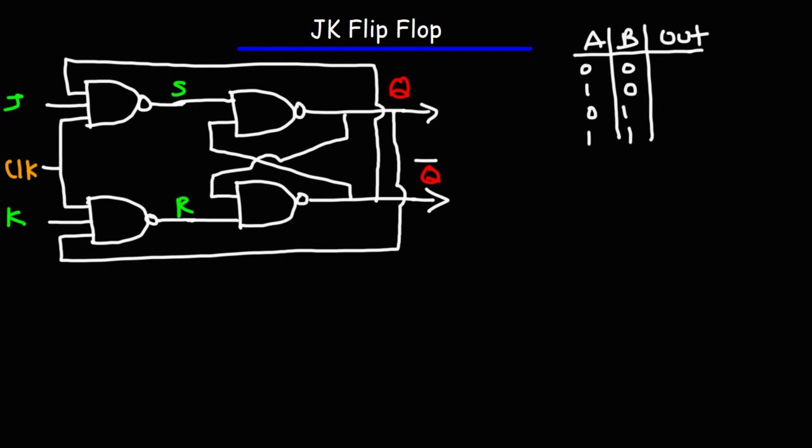For the NAND gate, it's the reverse. The output is only 0 when both A and B are in the on state. So this is the truth table for a 2-input NAND gate.